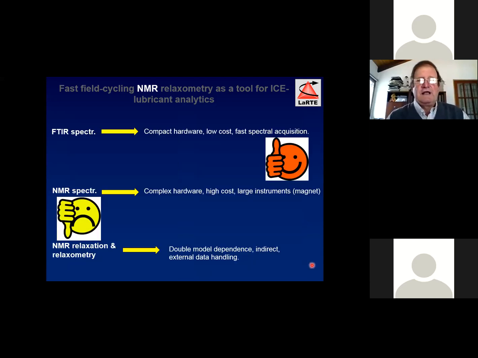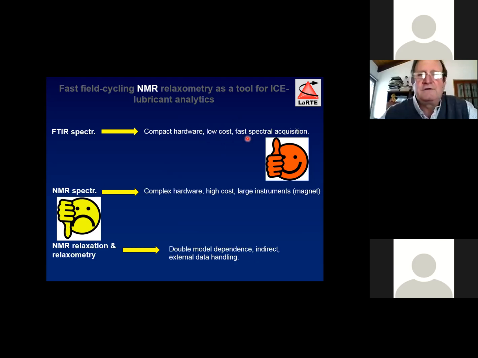So if I had to try to explain this, Fourier infrared depends on compact hardware which is not very costly. Very complex instruments here are about $100,000, $150,000, no more than that.